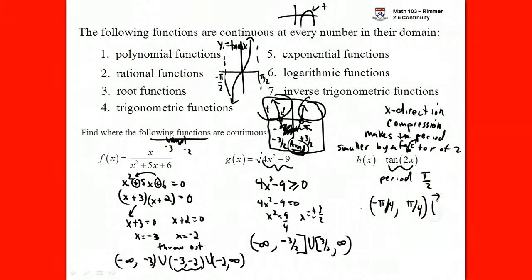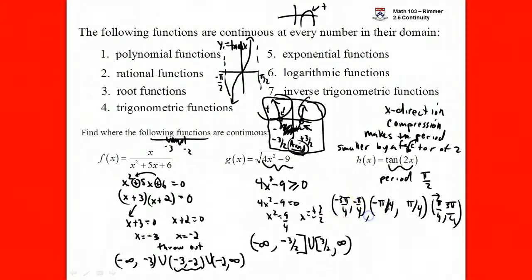Starting at pi over 4, where would you end up? 3 pi over 4, very good. And then ending at minus pi over 4, you'd be at minus 3 pi over 4.